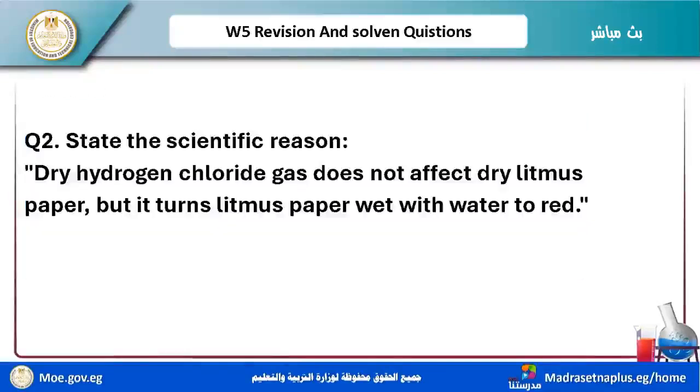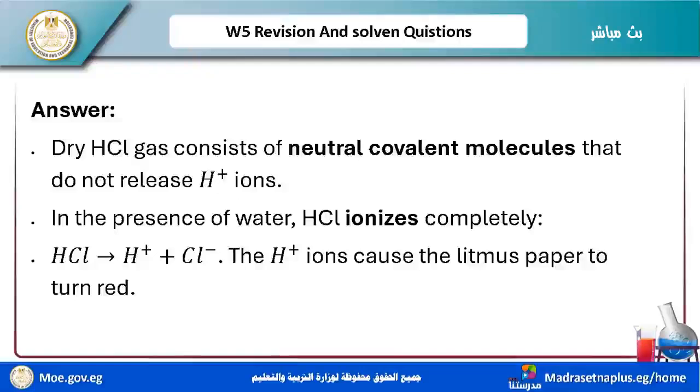State the scientific reasons. Dry hydrogen chloride gas doesn't affect dry litmus paper, but it turns wet litmus paper red. Why? Because dry HCl is a gas, not an acid. But when HCl dissolves in water it is converted into an acid. Dry HCl consists of neutral covalent molecules that don't release hydrogen ions.